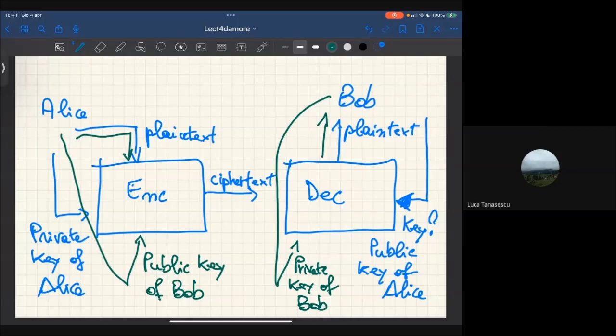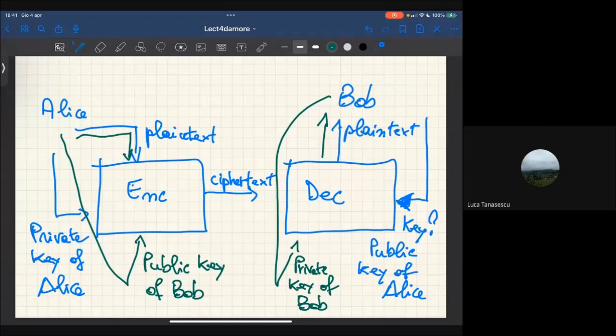Very good. But notice that this time, when the ciphertext is received by Bob, only Bob can do the decryption, because the private key of Bob is needed, and only Bob knows the private key of Bob.